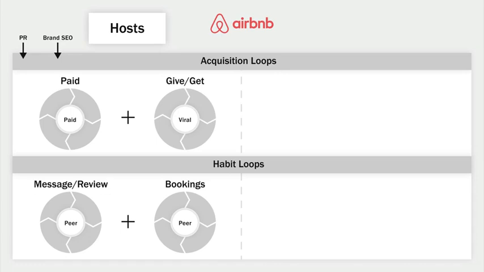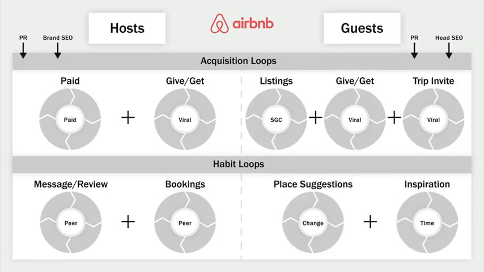But just as we've built out a qualitative representation about how we grow the host side of our business, we also need to think about, well, how do we grow the other side of the business, which is guests? And as you can see here, we have a different set of acquisition and habit loops because there are different mechanisms that acquire and retain the guest side of the marketplace versus the host side of the marketplace.